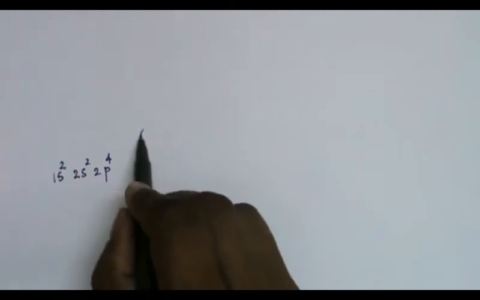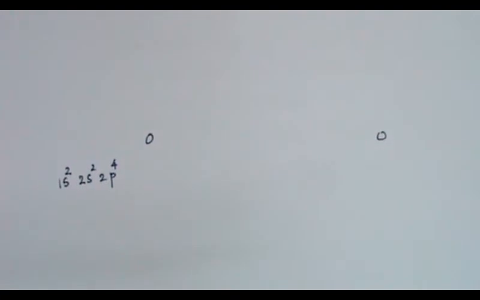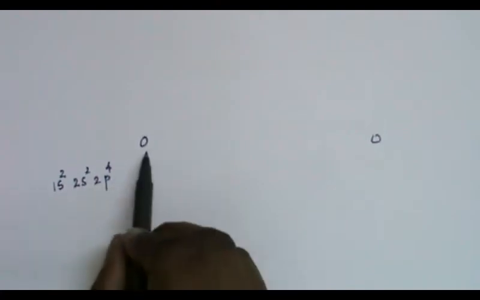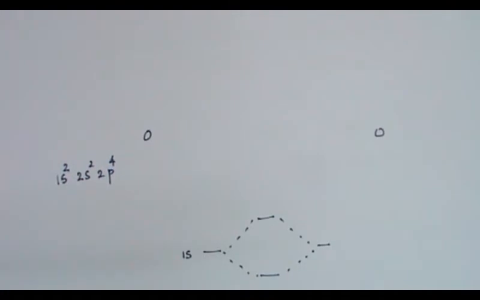The electronic configuration of oxygen will be something like this: 1s2, 2s2, 2p4. When you go for the molecular orbital, one oxygen atom and another oxygen atom combine to give molecular orbitals. The 1s orbital of the first oxygen and the second oxygen combine to give two molecular orbitals.